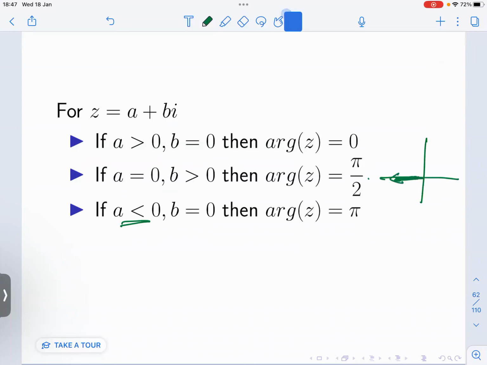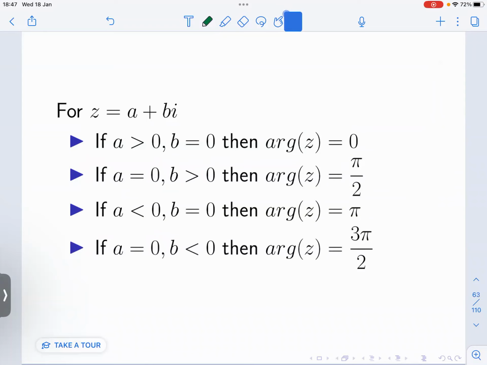So it's here, and this angle here is just pi. And then same thing. If a is equal to 0, but the imaginary part is negative, our complex number lies here, and this angle is 3 pi over 2. If you consider the negative part, you can also say that this is just minus pi over 2. It is the same complex number, just a different argument.